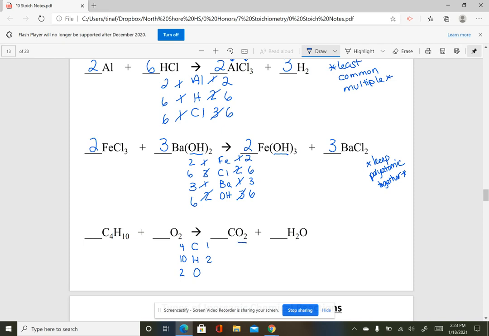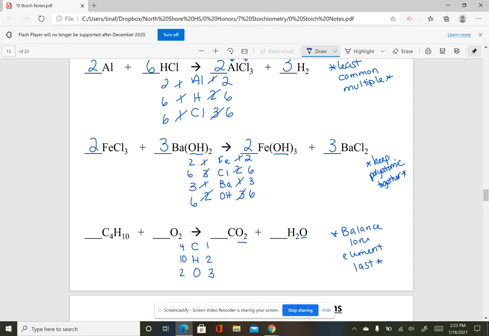I have oxygen in this compound and in this compound, and I have to remember to add up all of them to get the total number on this side. So what you want to do here when there's an element that's in more than one spot is balance that one last. So let's say balance lone element last. And it'll usually work out.